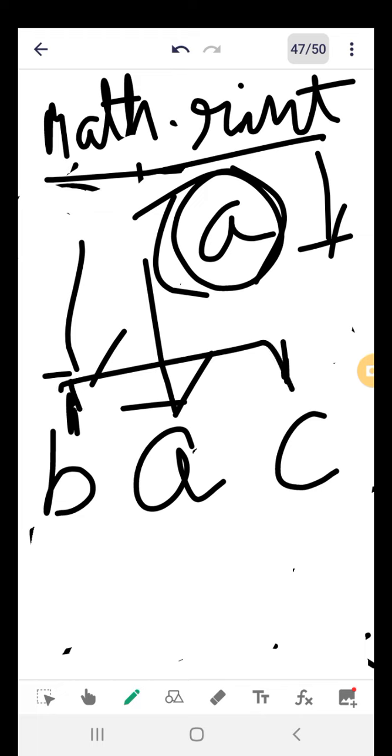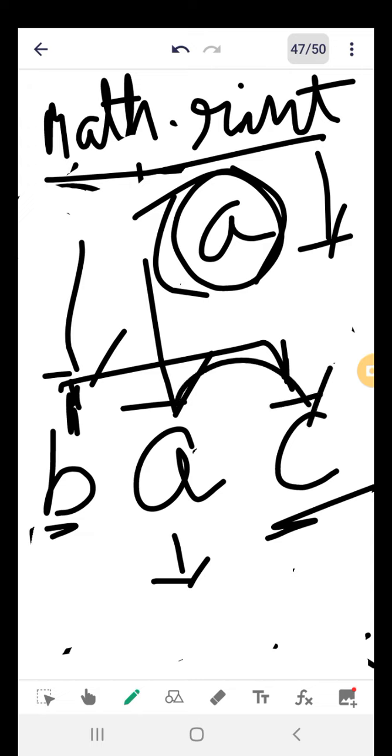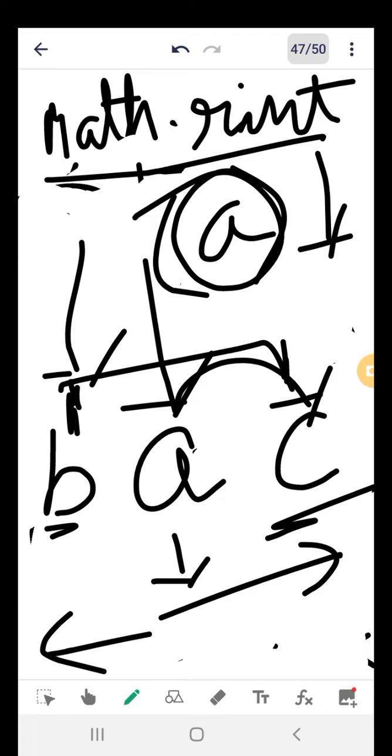I told you Math.rint is the same as Math.round. If the decimal part is greater than .5, then obviously it will take the next number, and if the decimal part is less than .5, it will take the previous number.